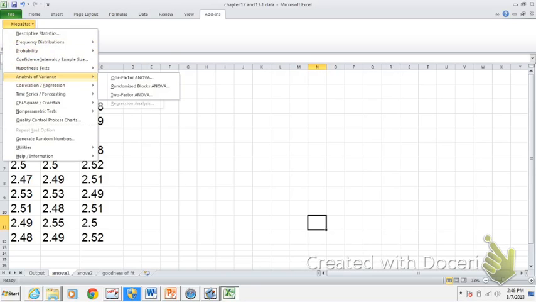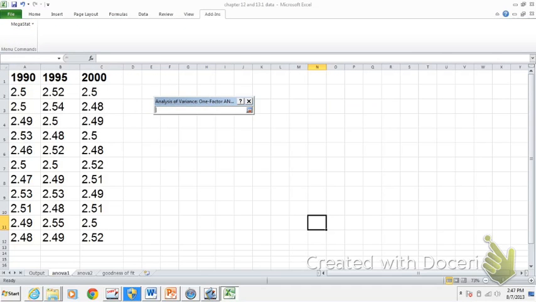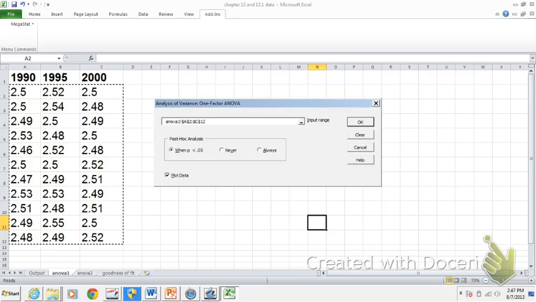Now we're going to go to analysis of variance, one-factor ANOVA, one-way ANOVA. Okay. Input range, you can just highlight the data, not the years. And then the post hoc analysis, Tukey's test, we don't really talk about that much this term. I have here, show it when the p-value is less than 0.05. Hit OK.